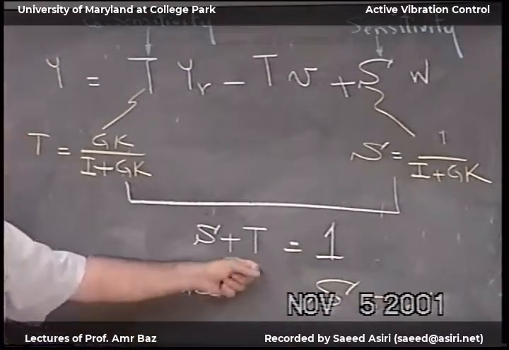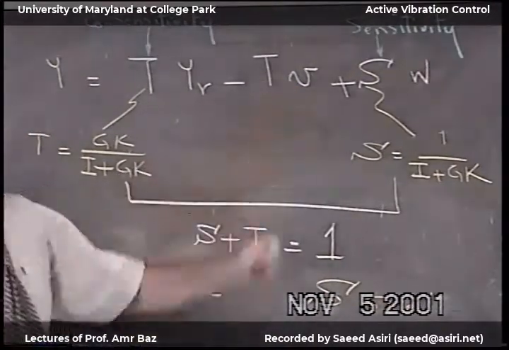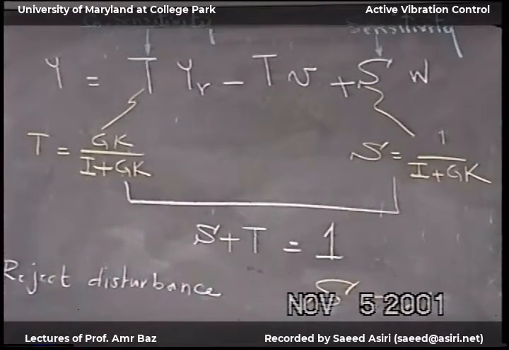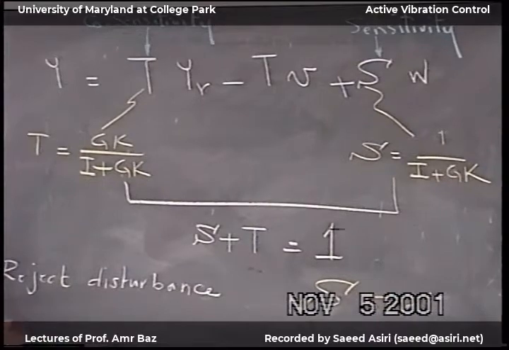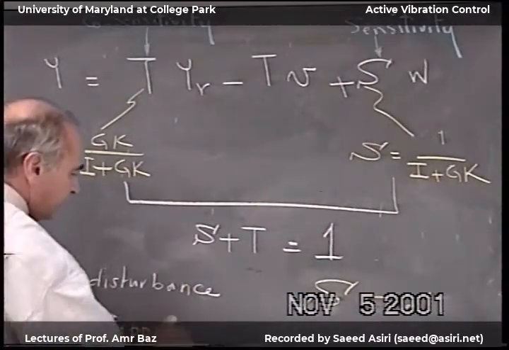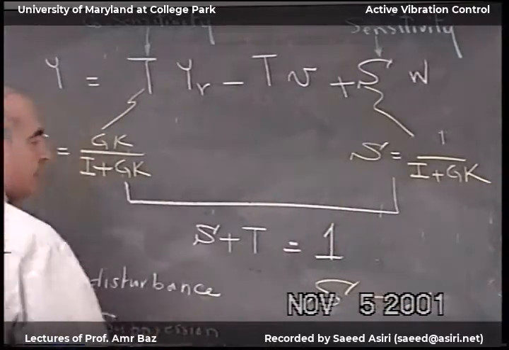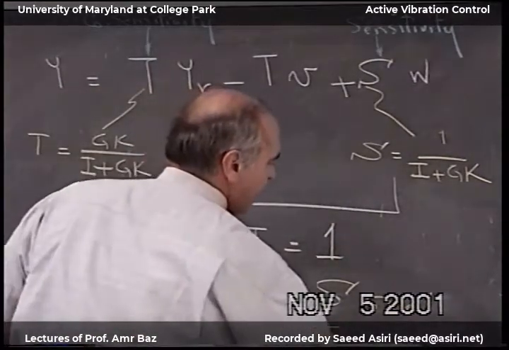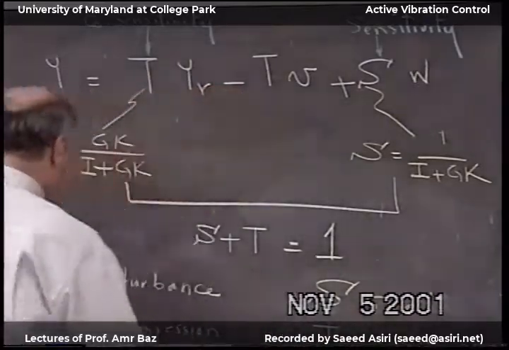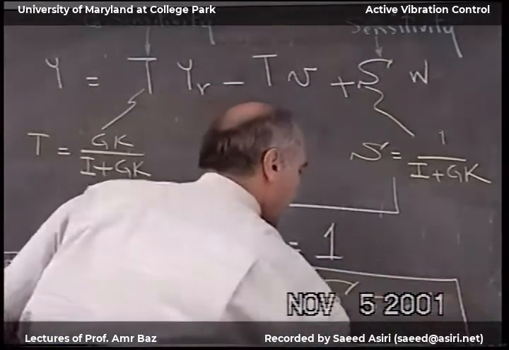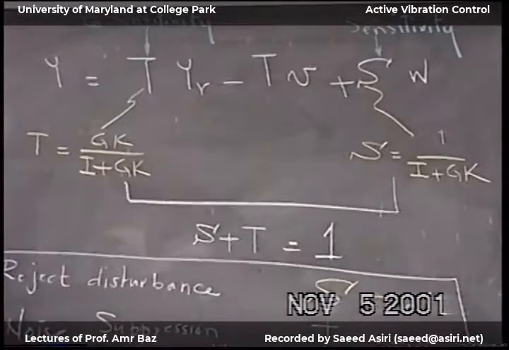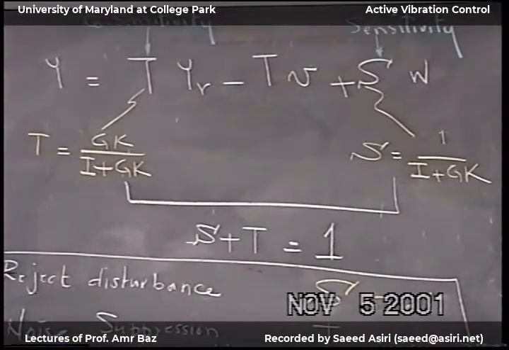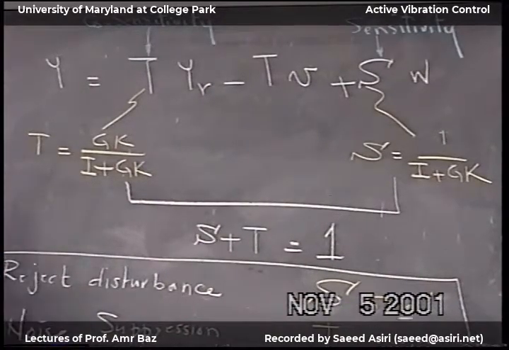And T is large means that the suppression of the noise is not very good. So we have the other requirement, which is the noise suppression. And this requires that T should be small. And so we said that these two are conflicting requirements.